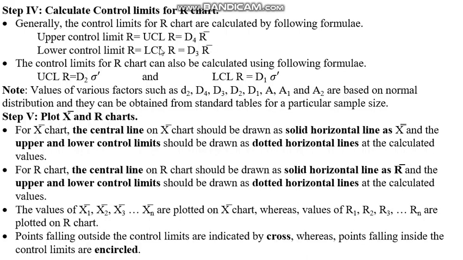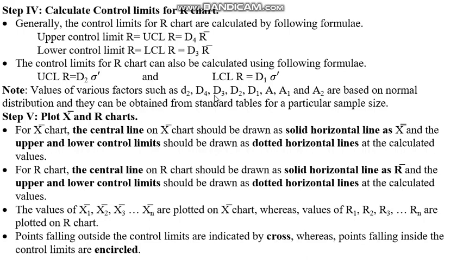For the R chart, the upper control limit will be capital D4 into R bar, and the lower control limit will be capital D3 into R bar. Now what are capital D4 and capital D3?